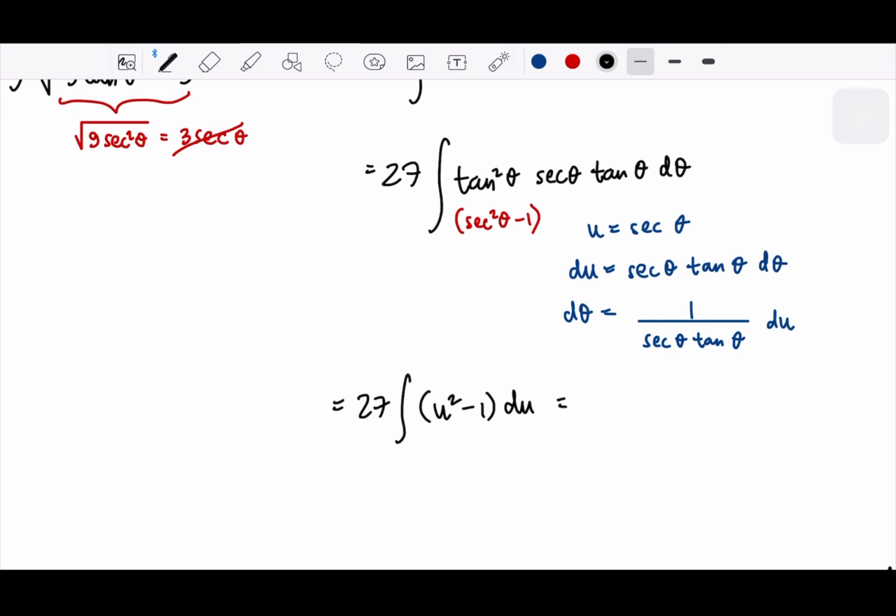So we get 1/3 secant cube theta minus secant theta. Okay, and again we need to convert back to the original variable.